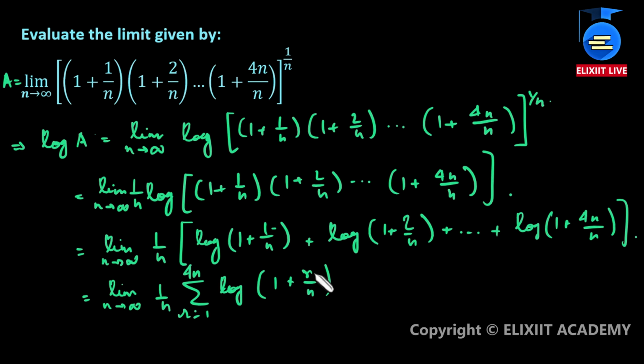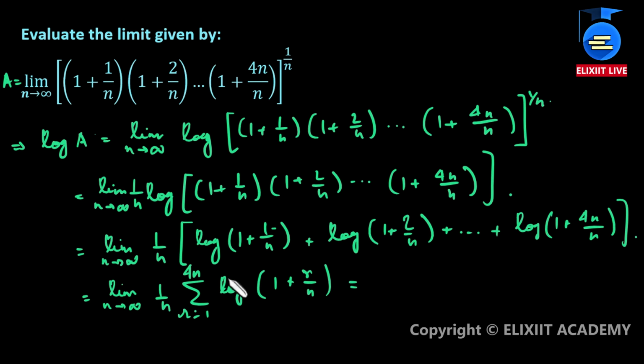You can verify this. You put r equals 1, so this is log of 1 plus 1 by n. You put r equals 2, so this is log of 1 plus 2 by n. And lastly, you put r equals 4n, so this is log of 1 plus 4n by n. Now sigma goes from 1 to 4n, so obviously in this case, the limits of the integration would be going from 0 to 4.